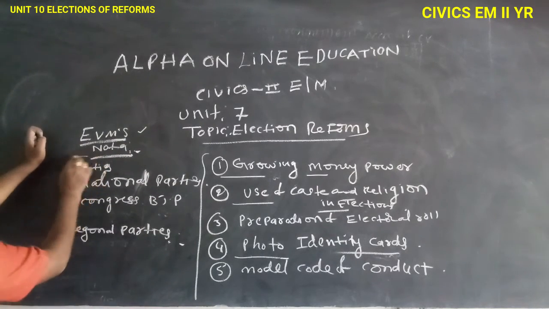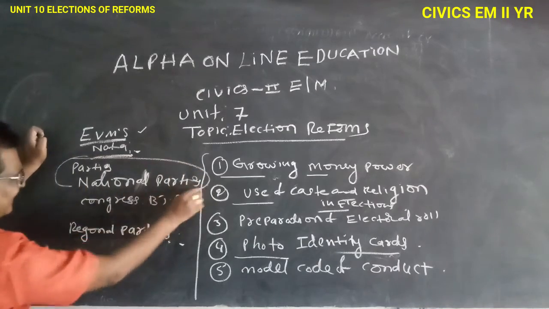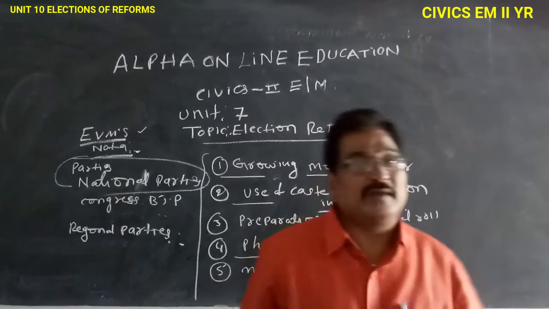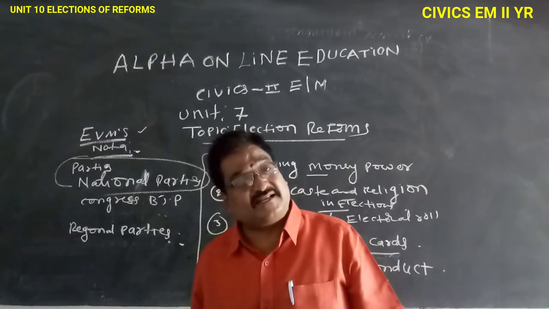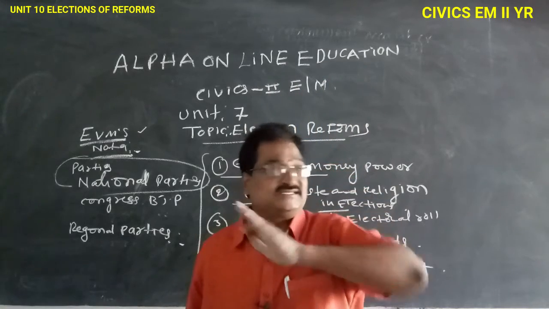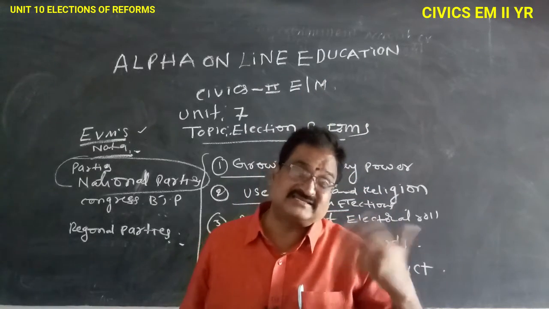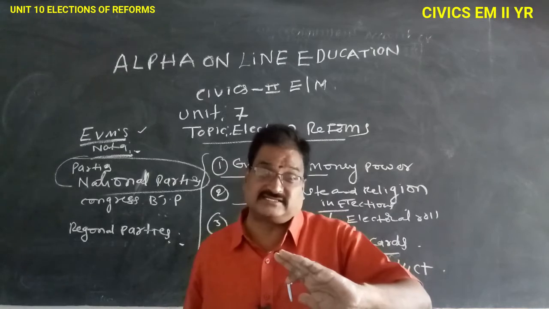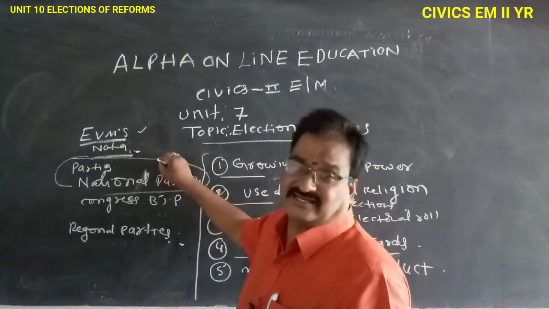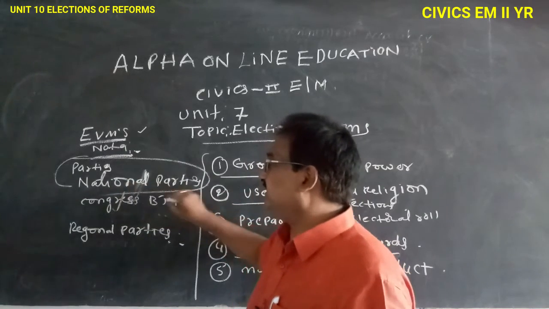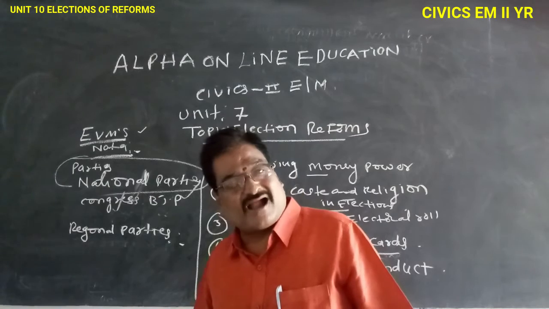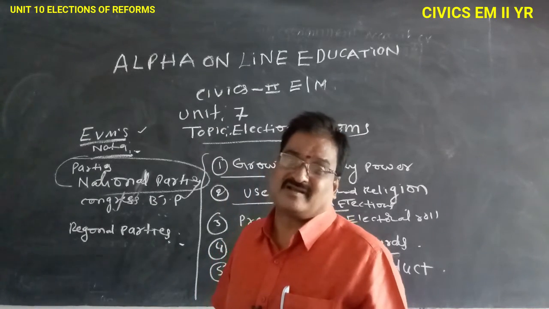So now, the parties in our country. In our elections, how many parties participate? The national parties and the regional parties are here. The national parties are the Congress party, the BJP, the CPI and the CPM.